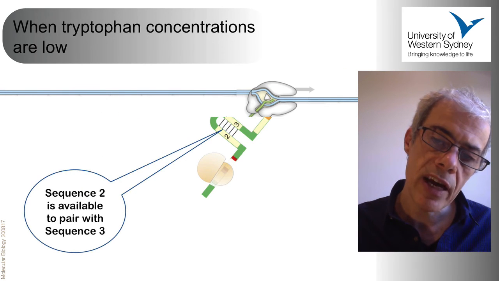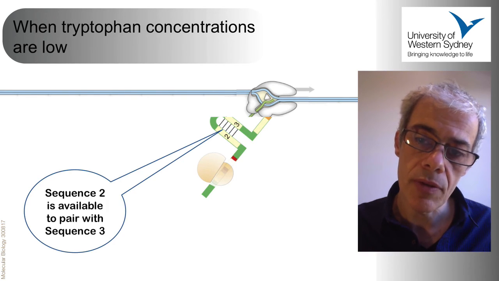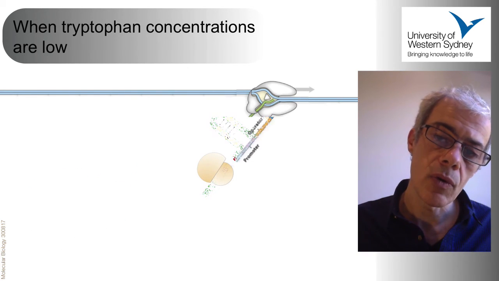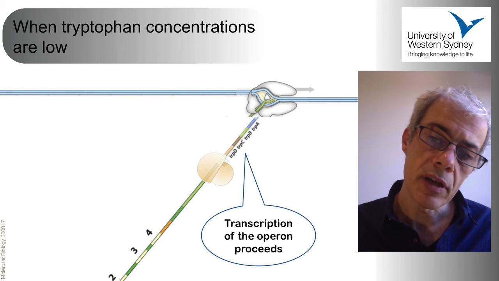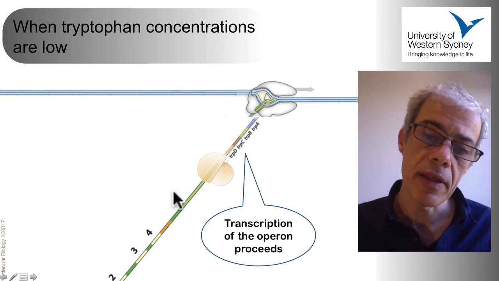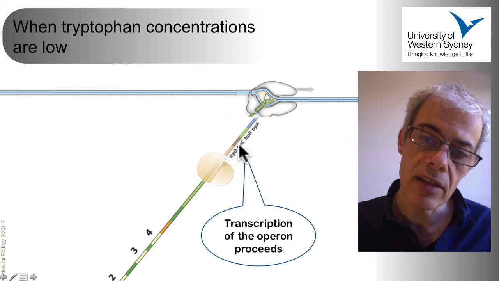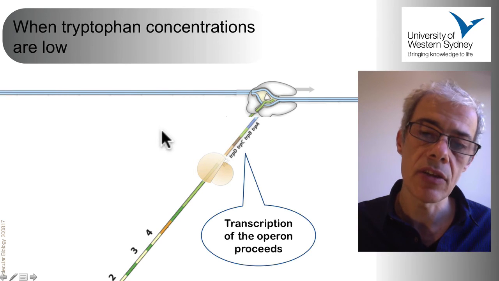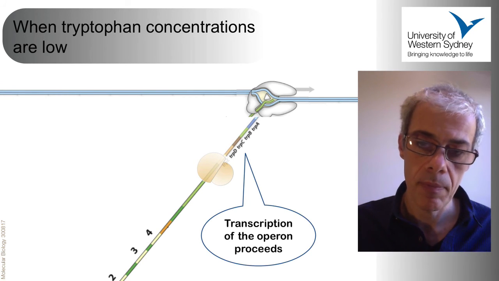Sequence 2 is available because the ribosome is not sitting on it to base pair with region 3, and therefore the entire operon can be transcribed, and the ribosome can continue and translate the structural genes into the proteins required to make more tryptophan.